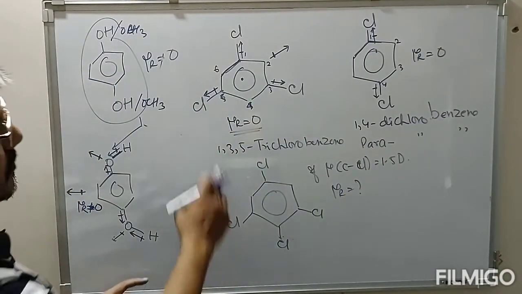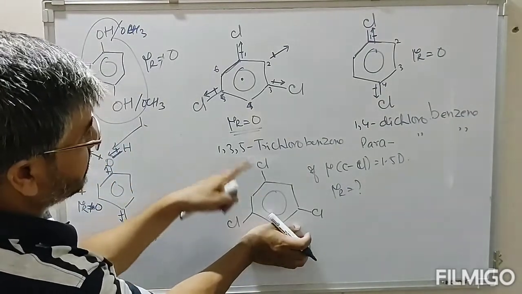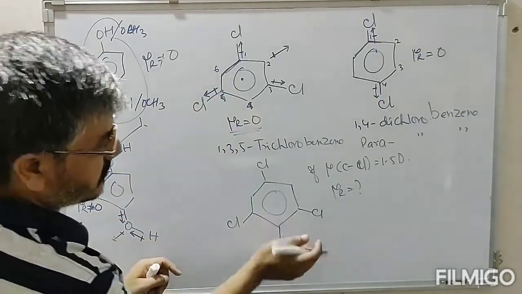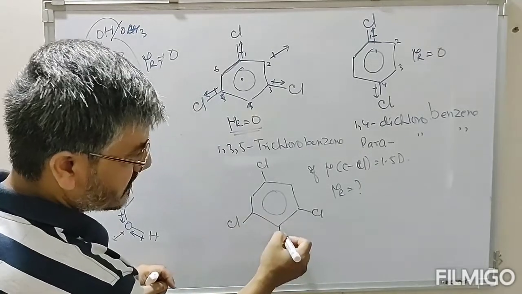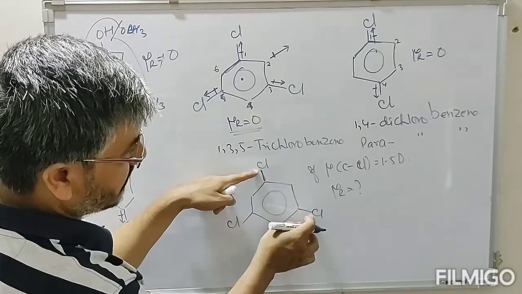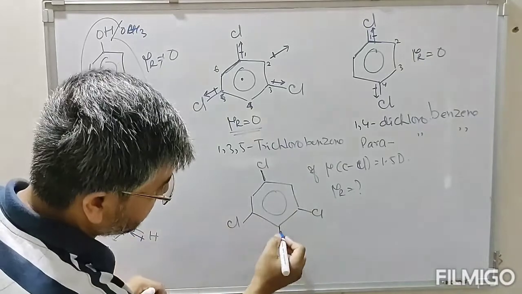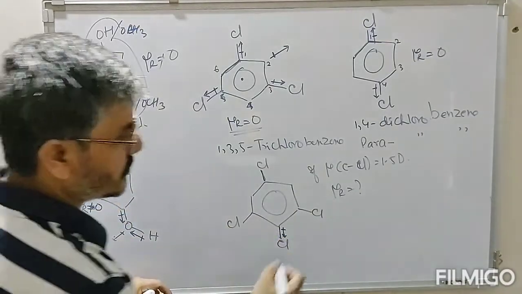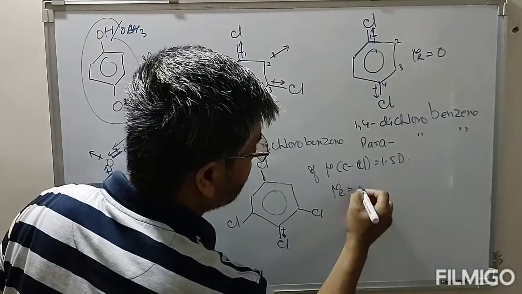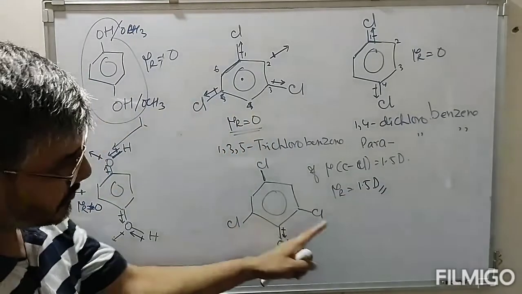So look at this, 1, 3, 5. These 1, 3, 5 will cancel out. So what is left? This is left. So these three will cancel out, and finally what is left is this. So the dipole moment of this molecule will be 1.5 D. So this is a polar molecule.